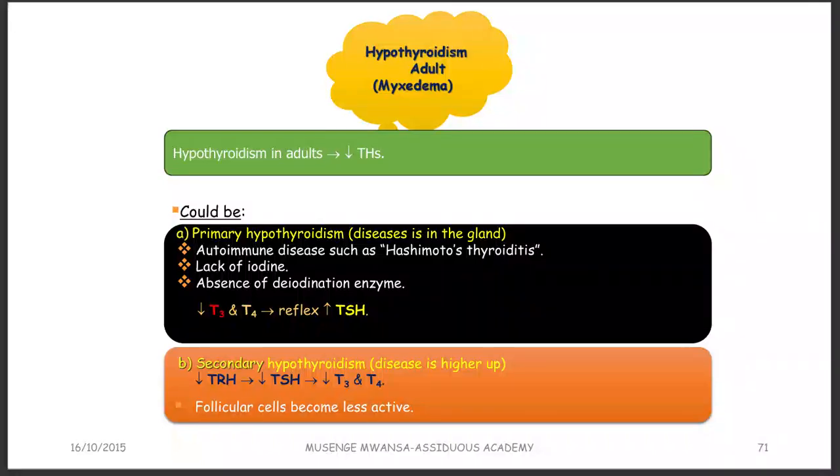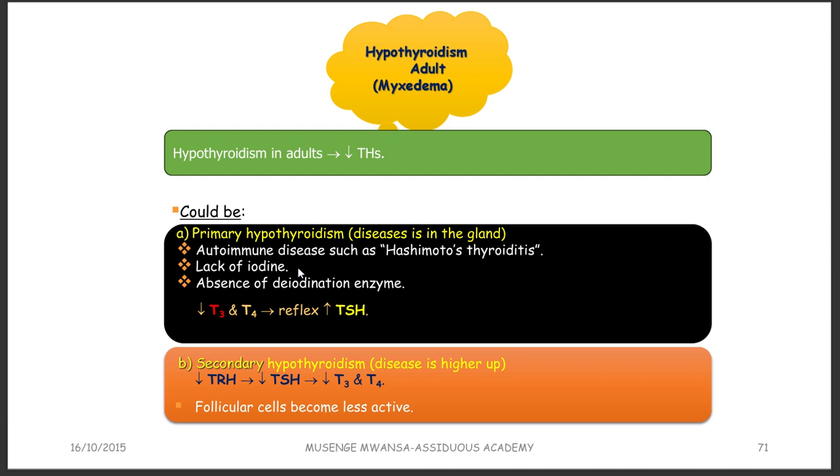Hypothyroidism in adults is known as myxedema, and this is basically a reduction of thyroid hormone. It can be primary or secondary. Primary just means that the disease is in the gland itself. For example, in Hashimoto's thyroiditis, you don't have iodine.